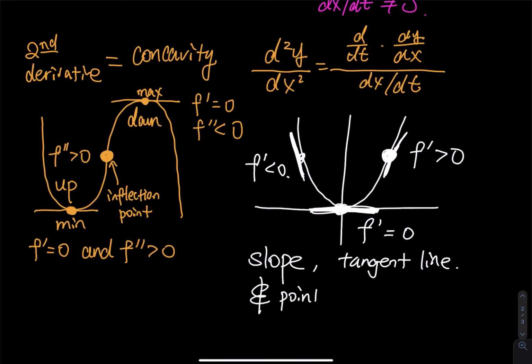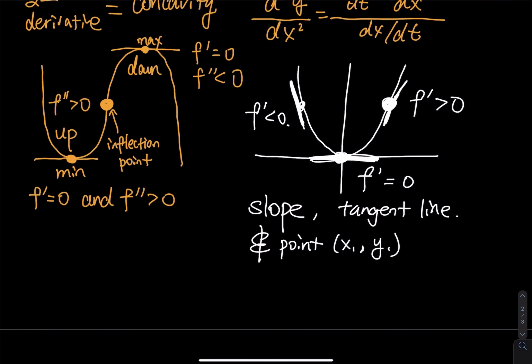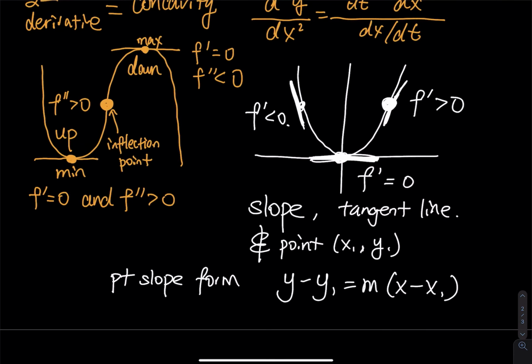That point is x1, y1, a point on the curve. And then what is the equation of the tangent line? We are going to use the point slope form, which is y minus y1 equals the slope times x minus x1. We will be using that in the examples.